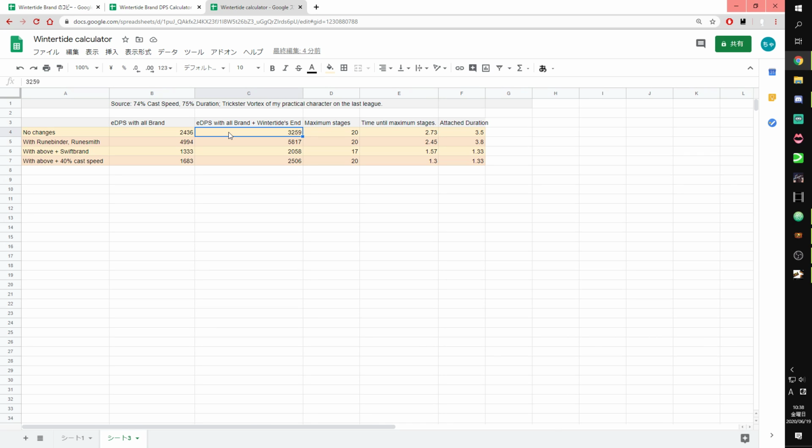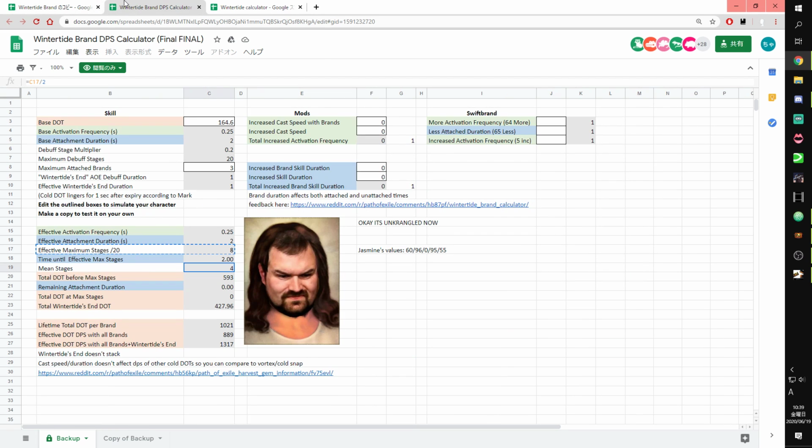It is 2.5 times higher than just Vortex. So I recommend you use Wintertide Brand on a boss fight.